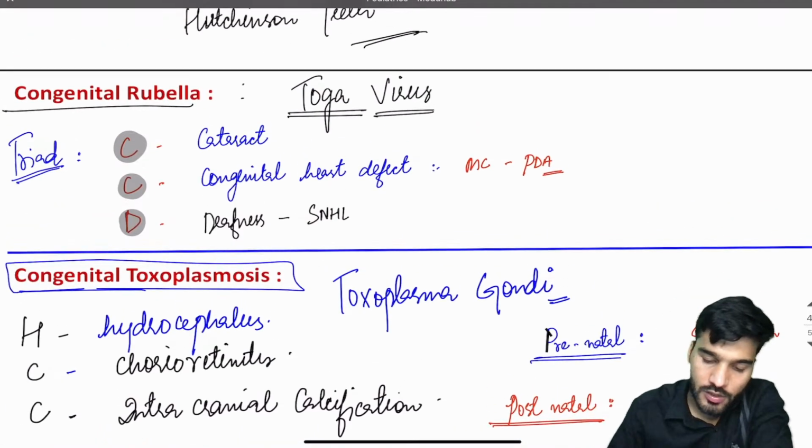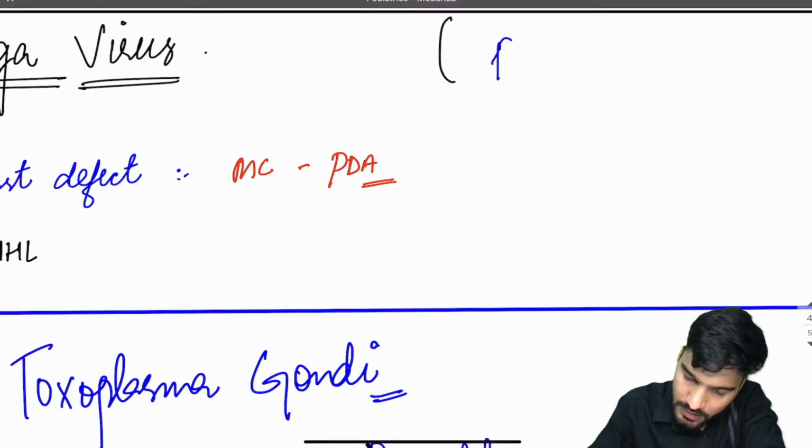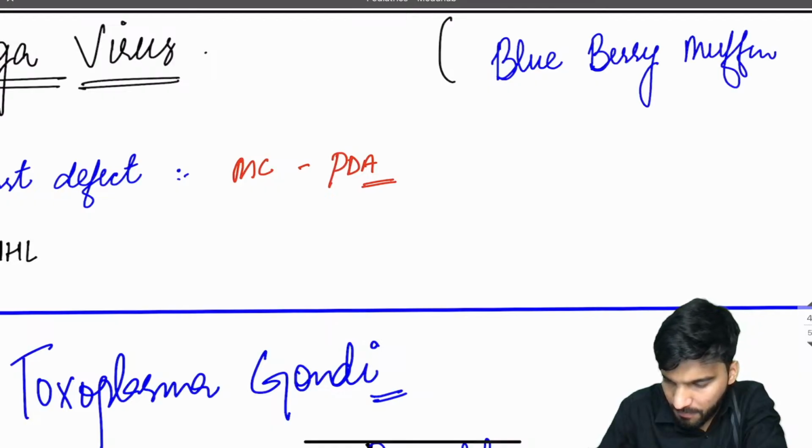So congenital rubella, remember Toga virus. And there's a classical rash seen in rubella, the blueberry muffin rash.